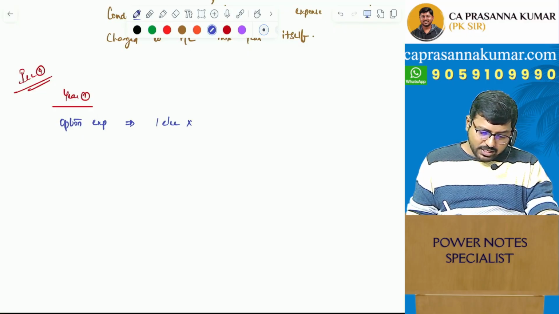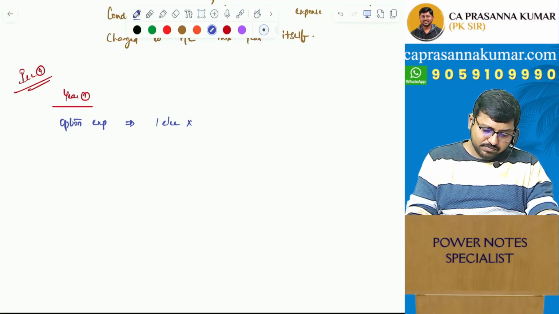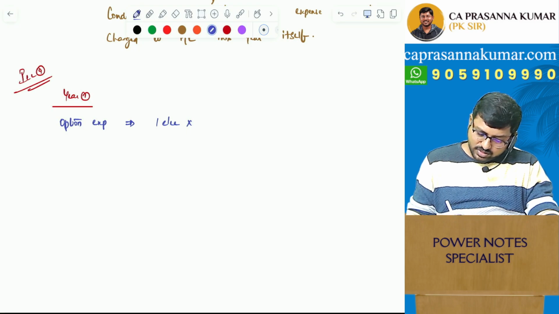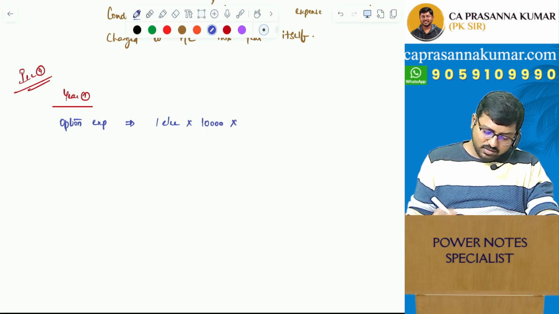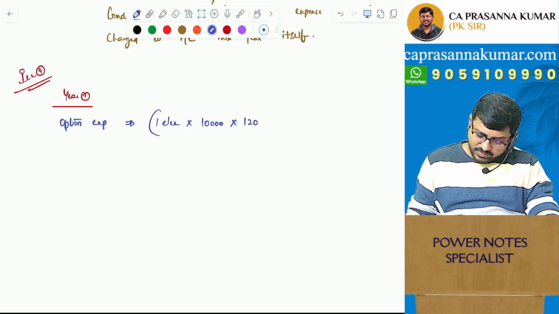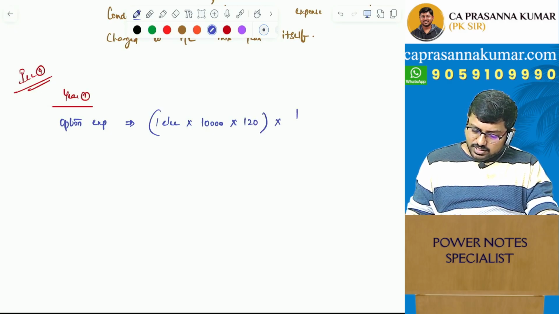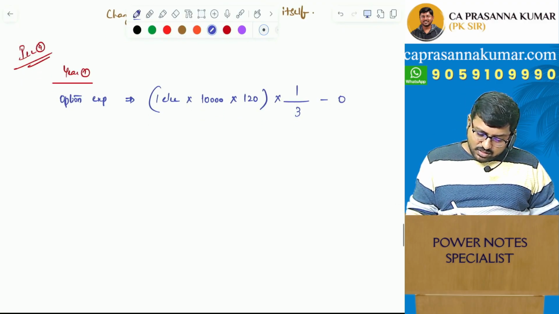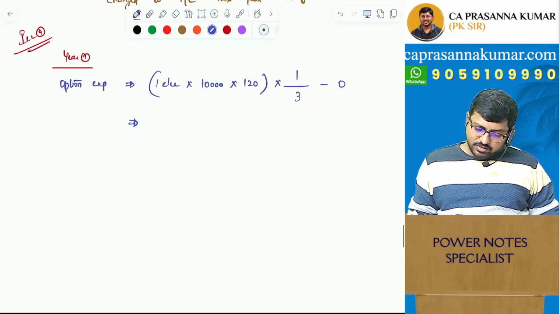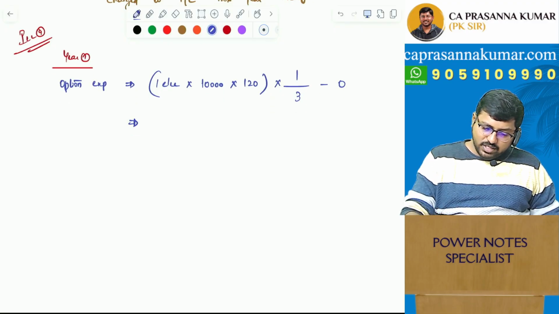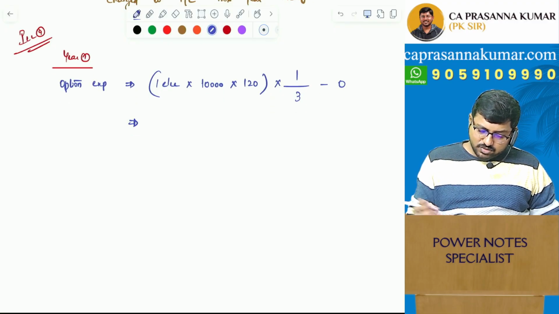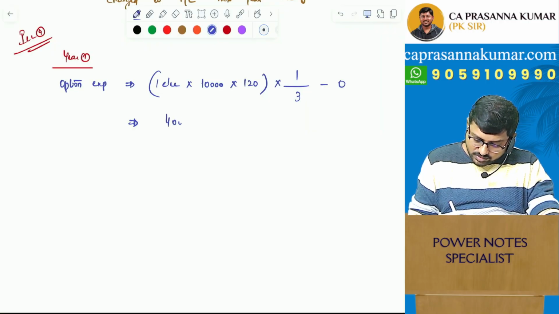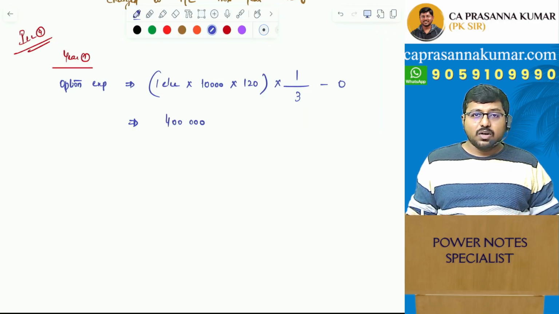One employee into 10,000 share options, into fair value on the grant date 120, into vesting period completed 1 year divided by total vesting period expected 3 years, minus expenditure recognized in the previous year 0. So 10,000 into 120 by 3 is 12 lakhs by 3, which is 4 lakhs. Are we done with this?